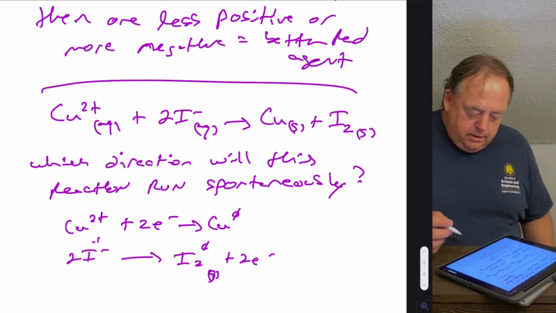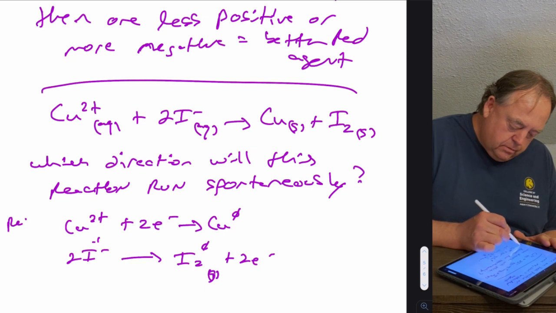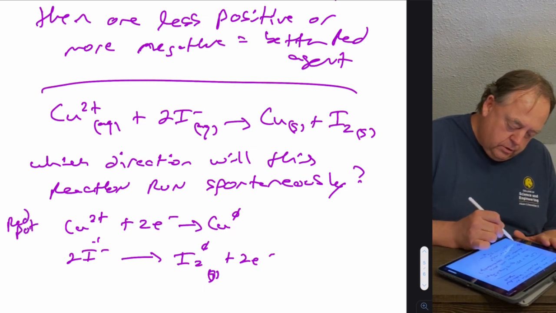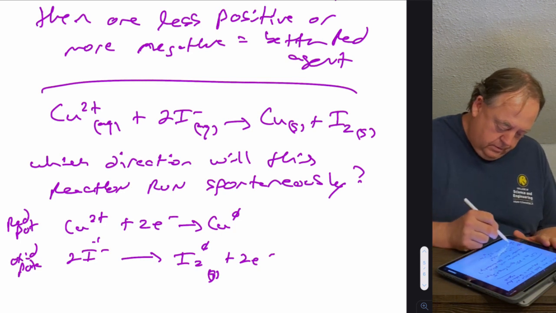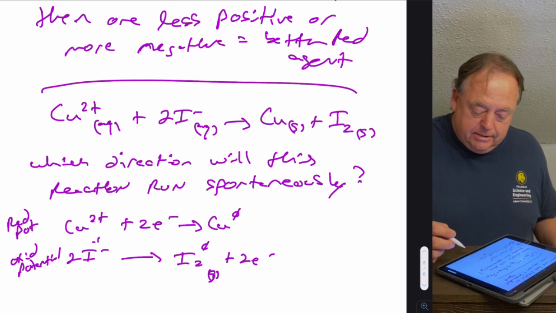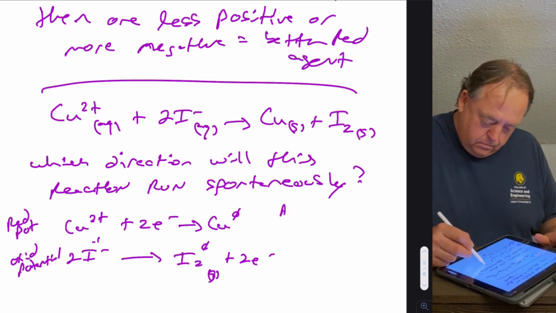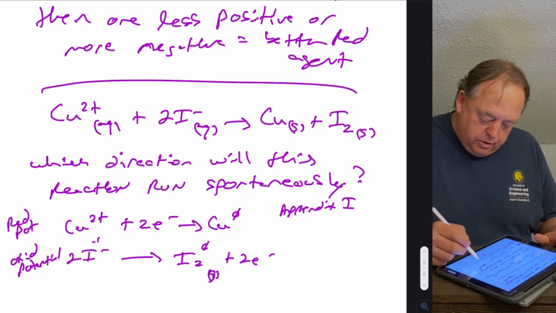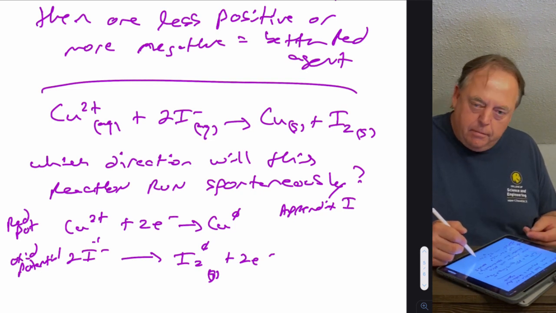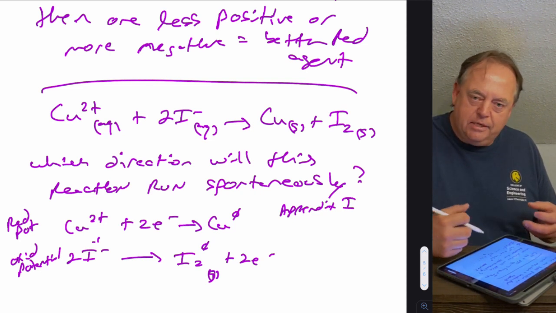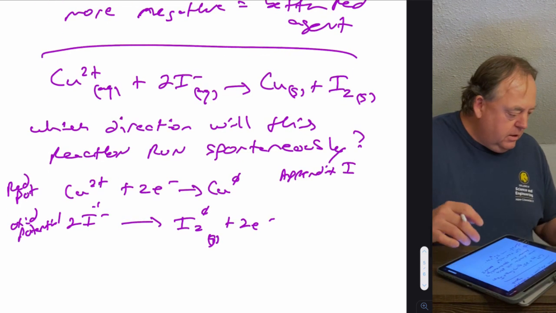So this is a reduction potential, and this is an oxidation potential. Which means if you look in Appendix I, you'll find the top one, copper, but you won't find the bottom one because everything in the table is a reduction potential.